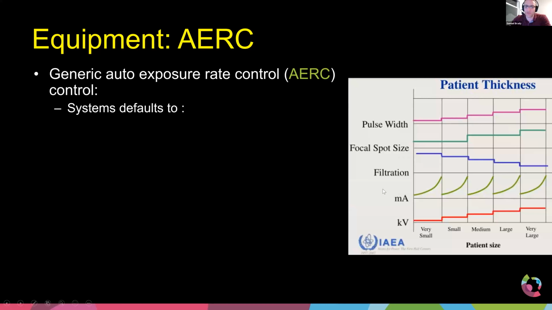There are some fundamental principles that we always need to know and account for to create an image, and I'll explain each of these as we go forward. KV and MA, you're very familiar with. That's just the X-ray tube creating photons, X-rays, as they come out. We need to adjust the KV and the MA. We always have some type of filtration.